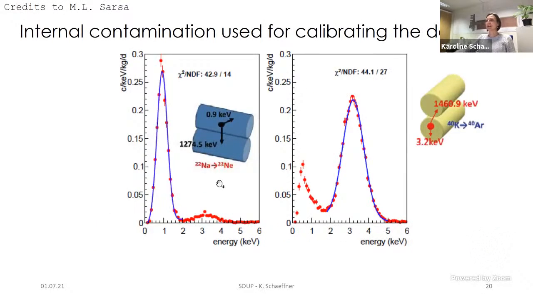How they calibrate and how they know that the threshold is 900 eV or below is thanks to internal contamination. So they are normally a pain, but they can also be a benefit if you want to do low energy calibration. This is actually a big trouble, because if you want to have some hundreds of eV or keV calibration line, you have to really have it close to your active detector.